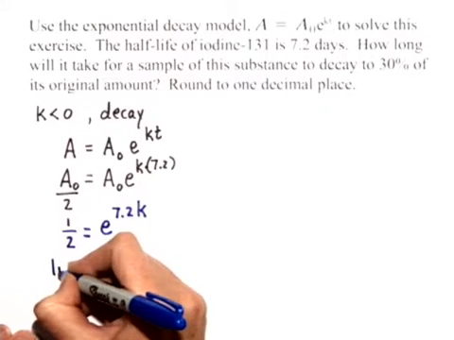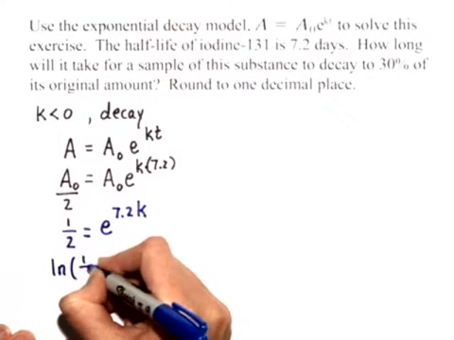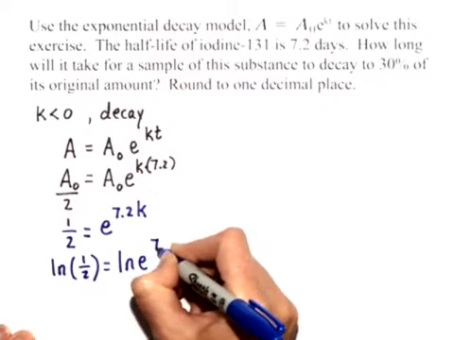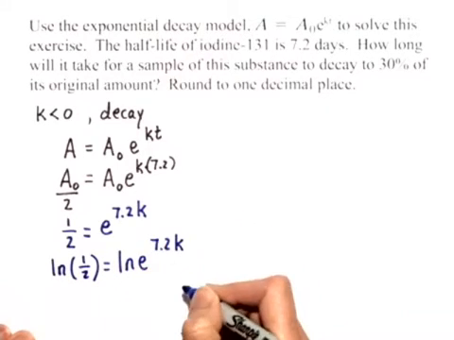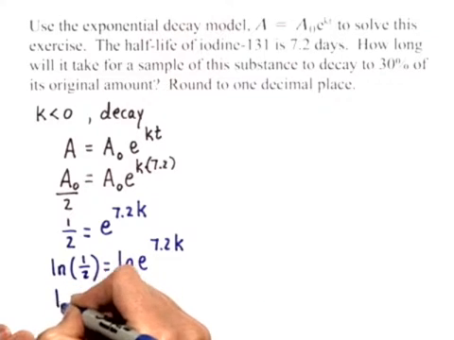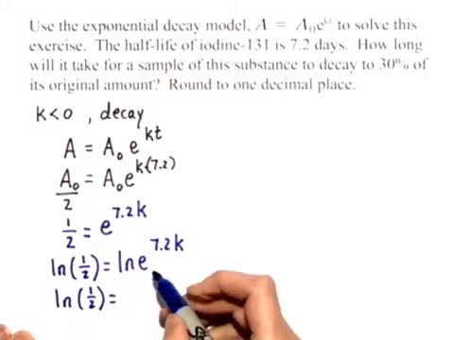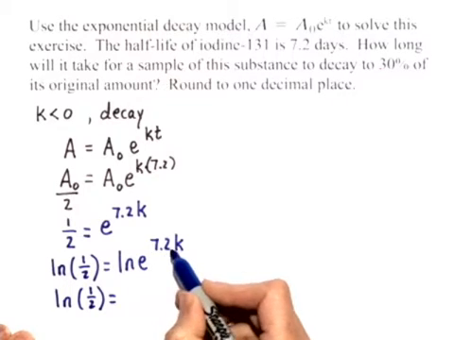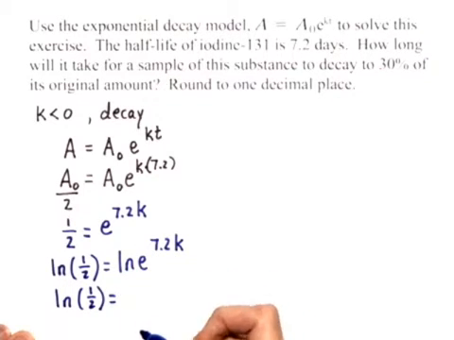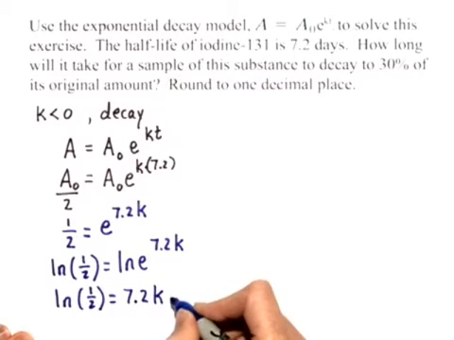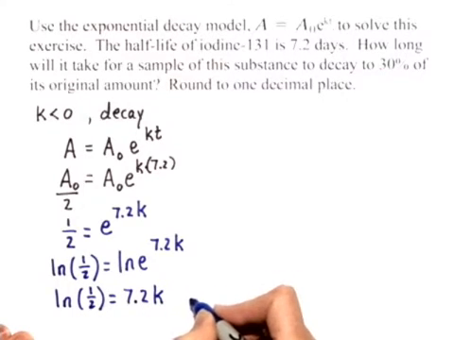Let's take the natural log of both sides. The natural log of 1/2 is equal to the natural log of e to the 7.2k. So we have the natural log of 1/2 is equal to, by the rules for logarithms, we can take this exponent and bring it in front of our natural log. We have 7.2k times the natural log of e, which I don't need to write because the natural log of e is just 1.